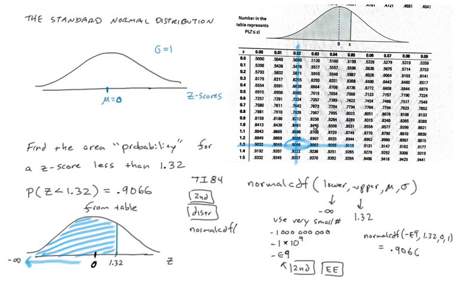Okay, and from our calculator, that'll give us 0.9066. And I will post a video on how to access the normal CDF on your TI.